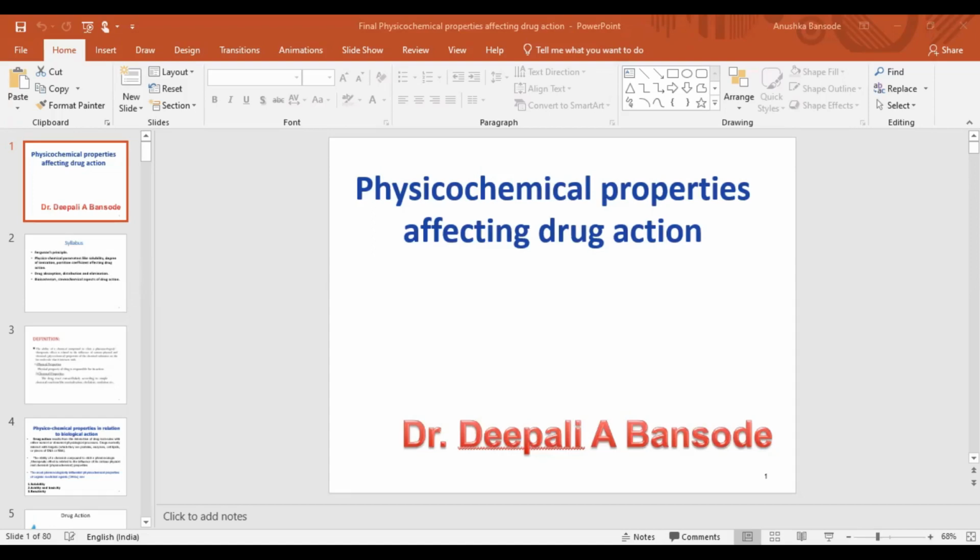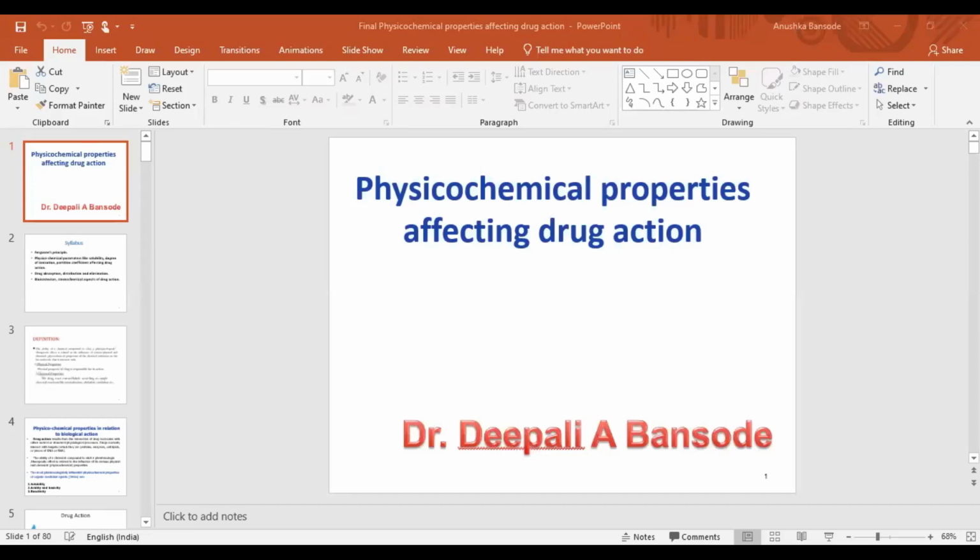Now, to understand the approaches for these kinds of drugs, we need to understand a few of the drug discovery models which we are going to study. But whatever model we use, we need to understand how the drug is going to act and what properties are affected for a drug to become an active pharmacological derivative.